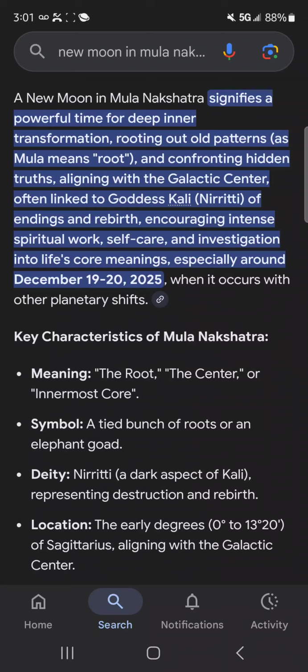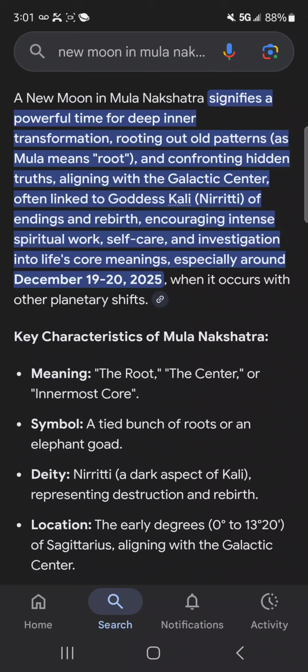So with this energy here, it's encouraging intense spiritual work, self-care. What is self-care? It's not going out and spending hundreds of dollars on stuff. That's not going to feed our soul.